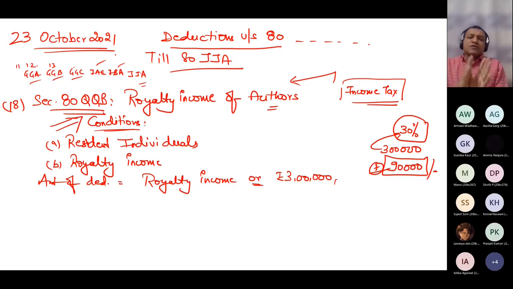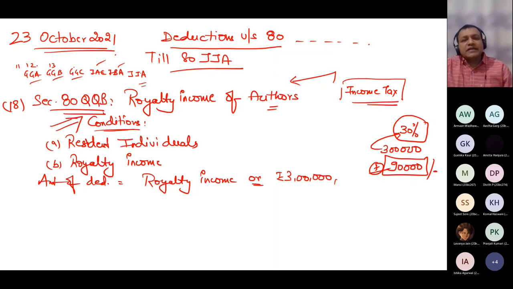So the purpose of deduction is to provide some motivation to the assessees. But it doesn't mean that the government does not collect any tax or will give all this tax amount as deduction. No. That is why in every deduction, normally you will find that there is a maximum ceiling.